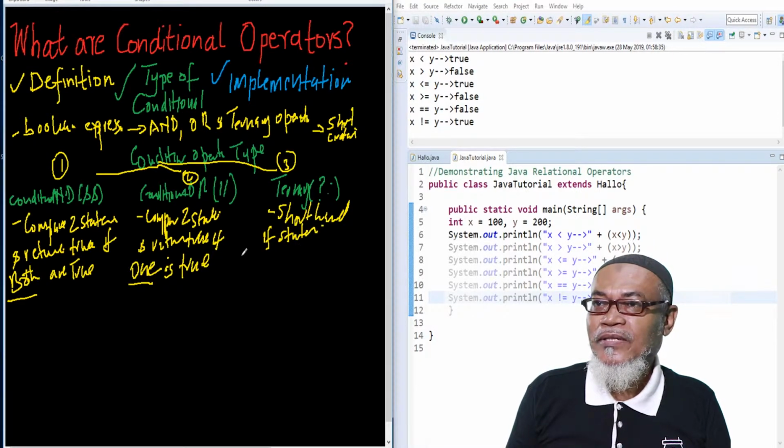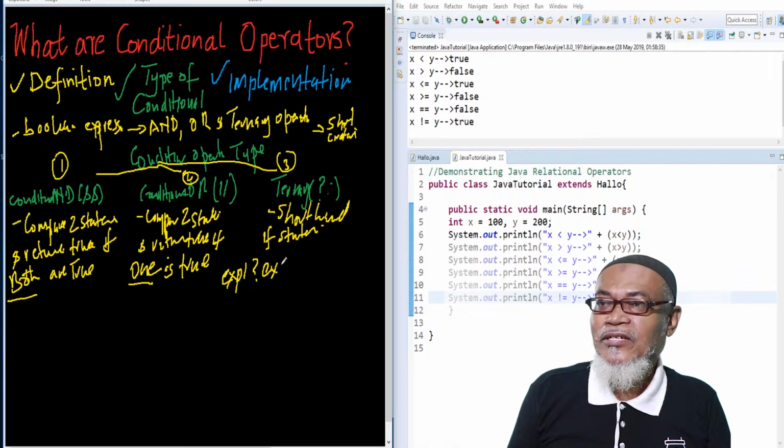Its syntax: you've got three expressions. We have expression 1, then a question mark, then expression 2, and expression 3. If expression 1 is true, then execute expression 2, else execute expression 3.